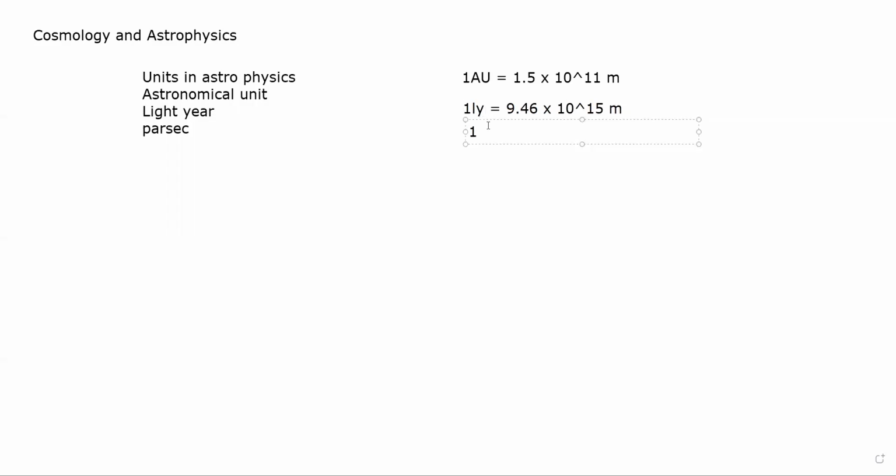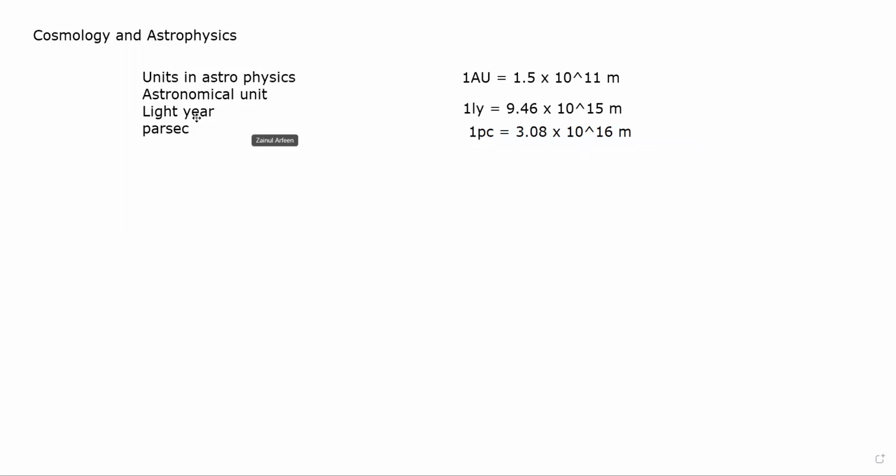And 1 parsec, denoted by PC, is equivalent to 3.08 into 10 to the power 16 meters. Meter here is a unit.